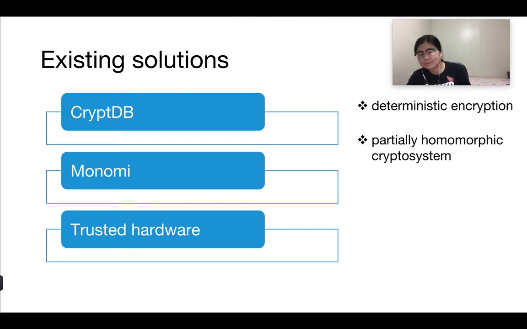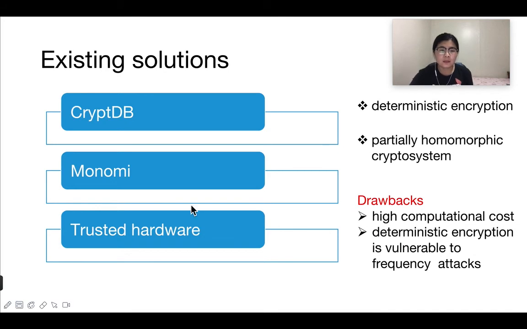And the second one is trusted hardware. But these solutions have some drawbacks, like high computational cost, or deterministic encryption is vulnerable to frequency attack.